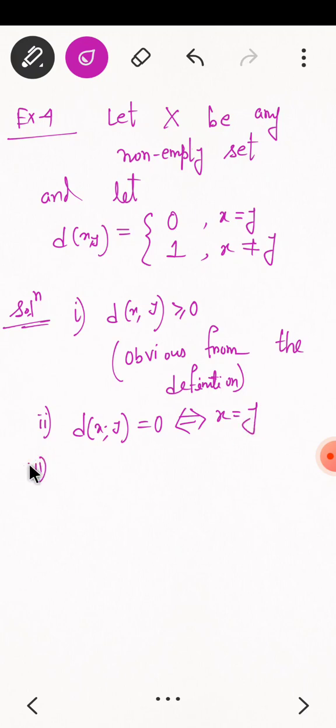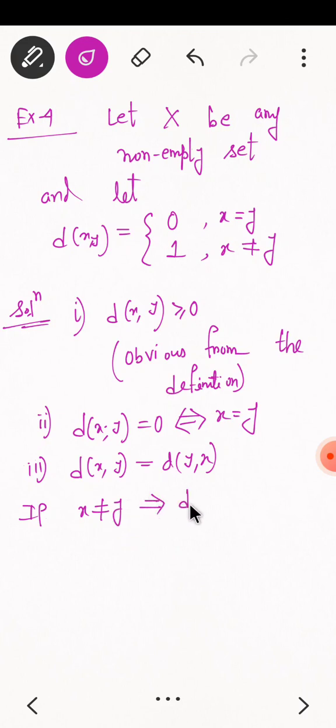Now we show the symmetric condition, that is D of xy equal to D of yx. If x is not equal to y, this implies that D of xy equal to 1. If x not equal to y, then y is also not equal to x.